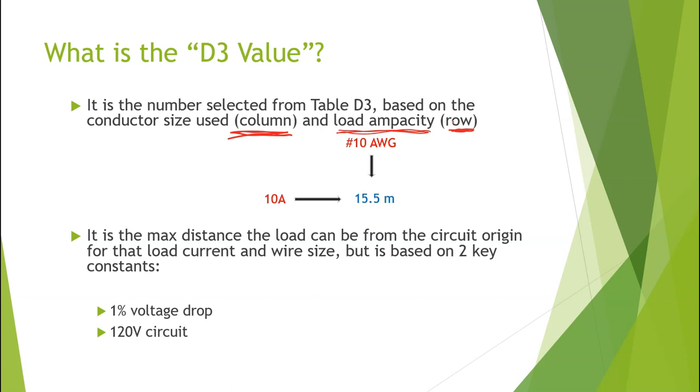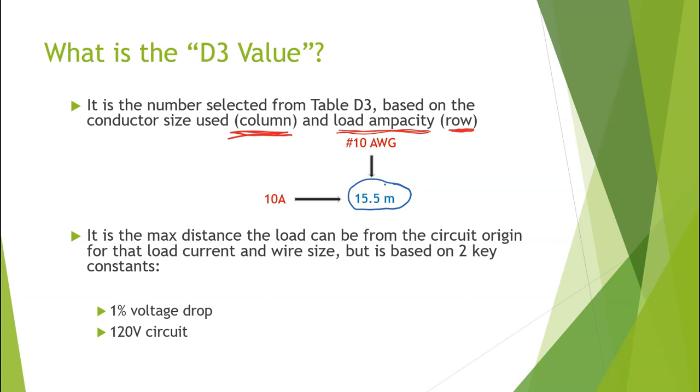So we would have to know, for example, that we have a 10 amp draw on the circuit. We would also need to know that we plan to run number 10 AWG wire, for example. Using those two values that we know, we can go into table D3 and use our 10 amps as our row, number 10 AWG as our column, and go down to the intersection of those two and get a value of 15.5 meters to begin our calculation with.